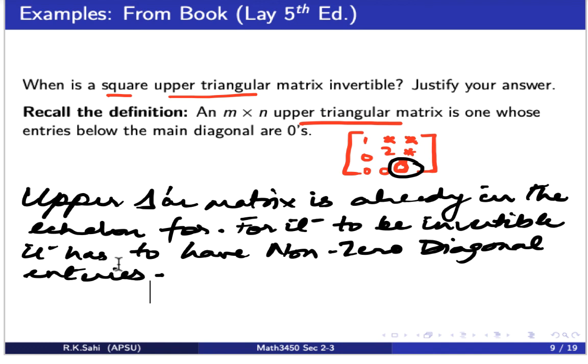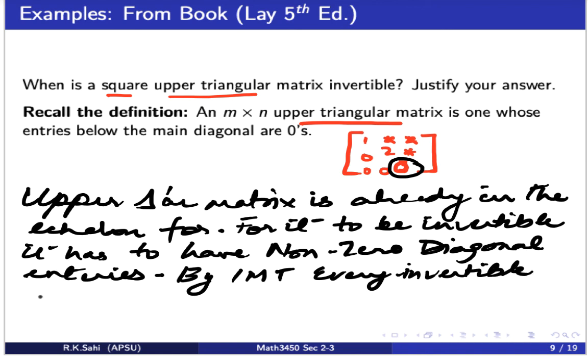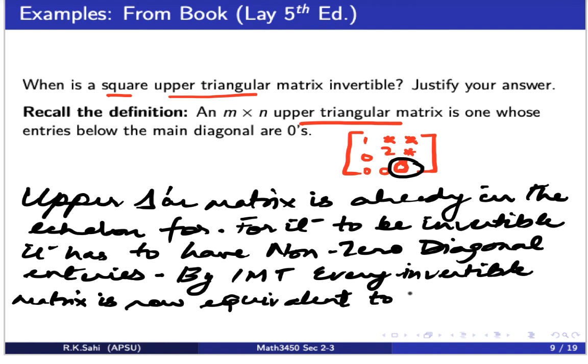Okay, the reason is by IMT, every invertible matrix is row equivalent to the identity matrix, here I_n.